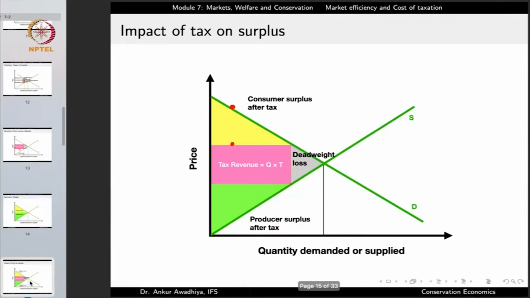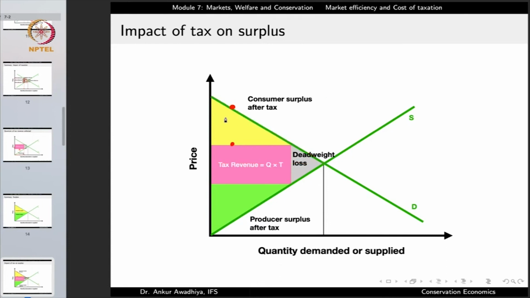So if the buyer has to pay a higher price, in that case the consumer surplus will reduce, which is what we are observing in this case. So the consumer surplus is now only this much portion. It is not this triangle that we were having before. So earlier we were having this big triangle, but now we are having only this small triangle. So the consumer surplus reduces.